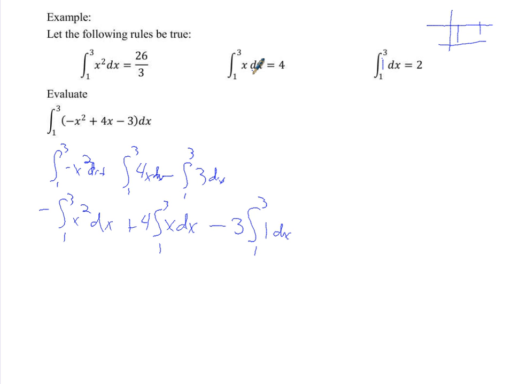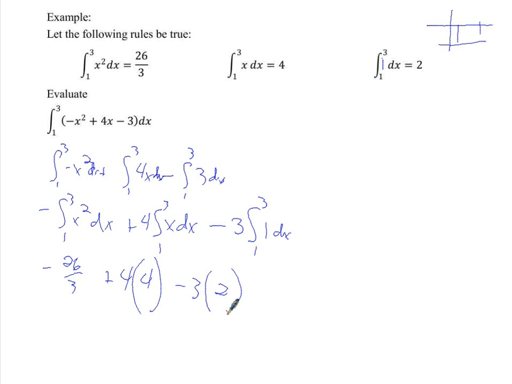The integral from 1 to 3 of x squared dx is 26 thirds, so I get negative 26 over 3. Then plus 4 times the integral from 1 to 3 of x dx, which is 4. Minus 3 times the integral from 1 to 3 of 1 dx, which is 2.